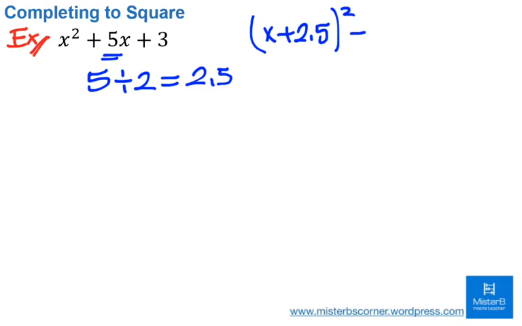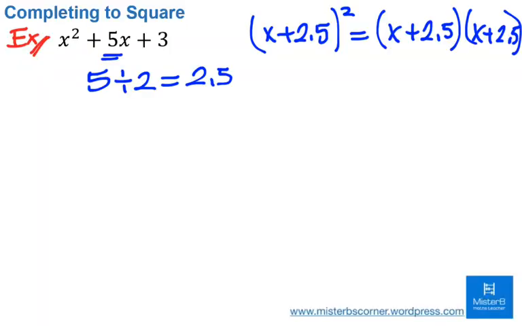So this means x plus 2.5 times x plus 2.5. Yeah, this is a decimal there, but if you stick to the method of expanding, it's not going to be a big hassle.